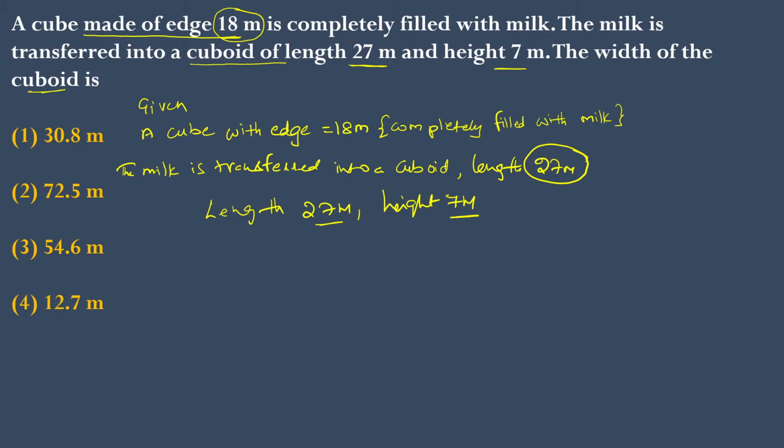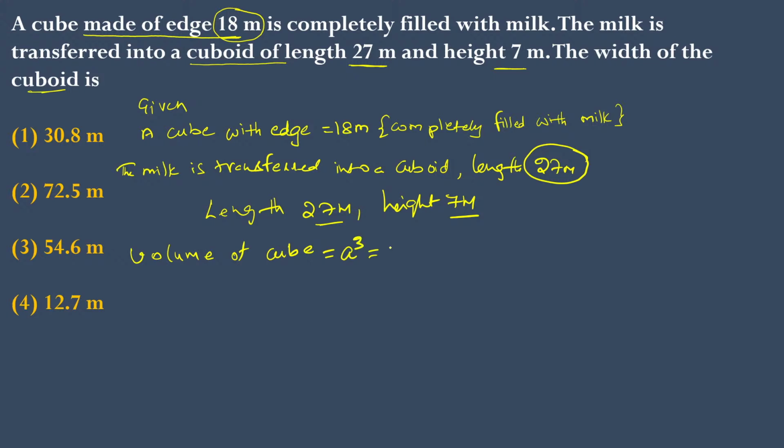So, first of all, how much quantity of milk is there in the cube, means we just need to find the volume of the cube. So, the volume of a cube is side into side into side. The sides of a cube are equal, so we can consider A. So the volume of cube is equal to A cube.